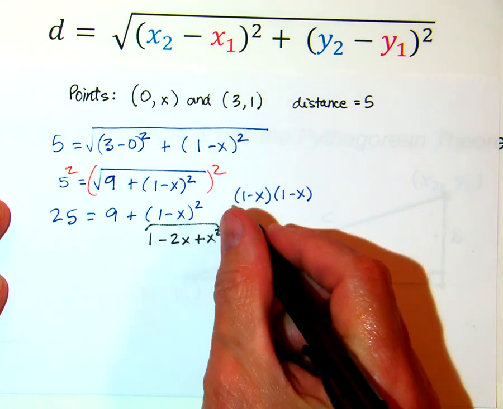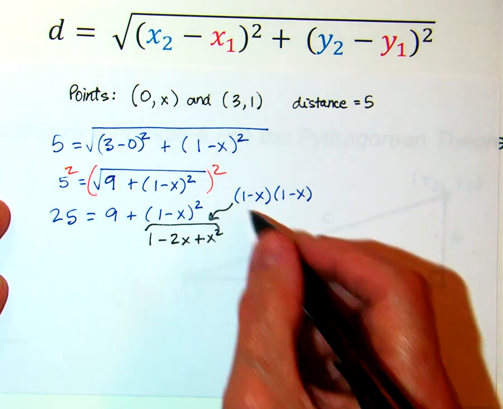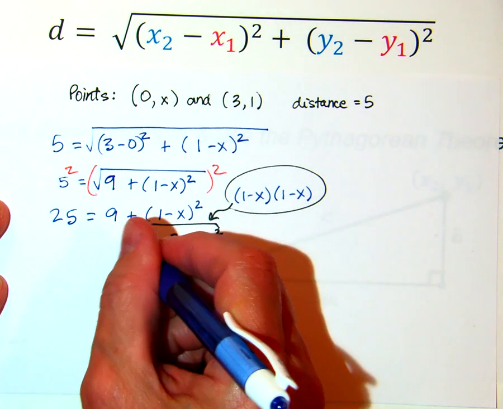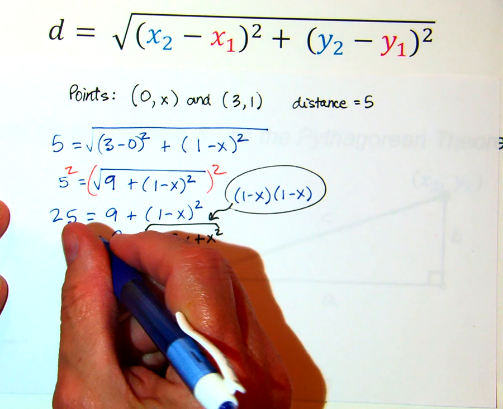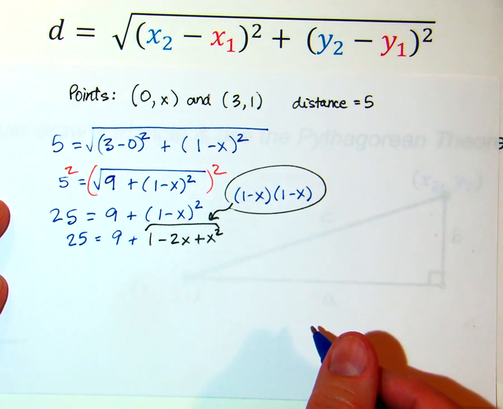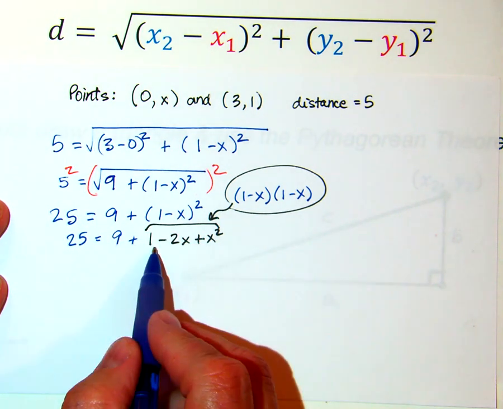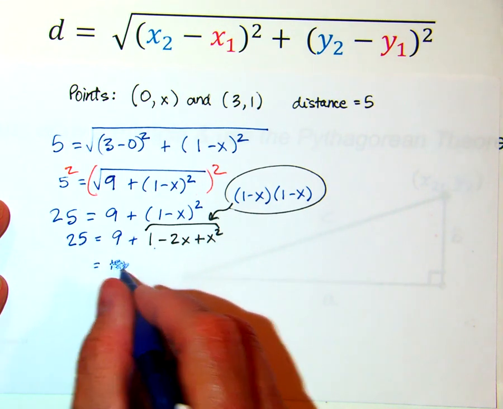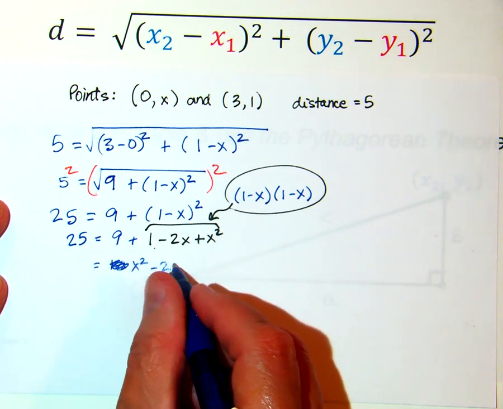That's what that'll be when you do it. When I multiply it out, I'll copy the rest of it around it. 9 plus 1 is 10, so I'll just rewrite this as x squared minus 2x plus 10.